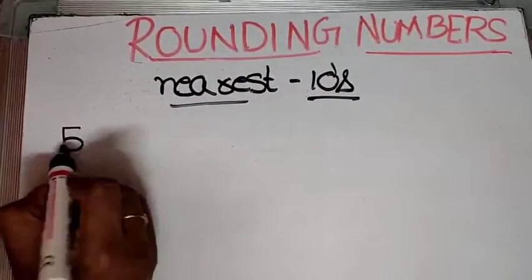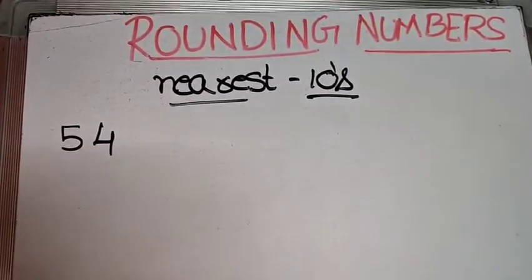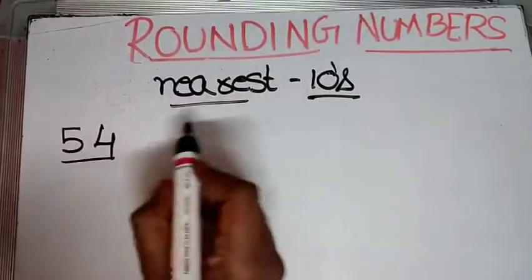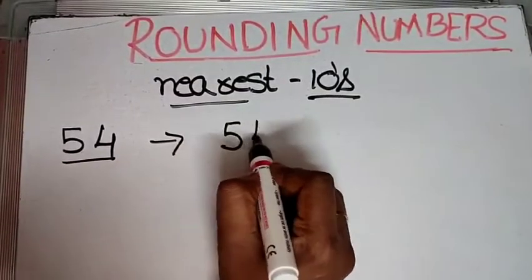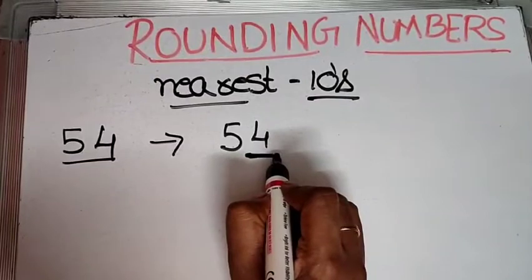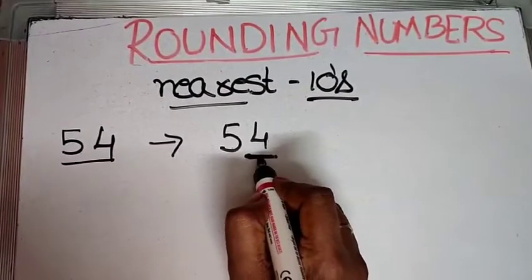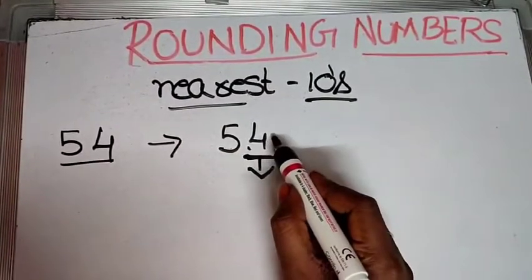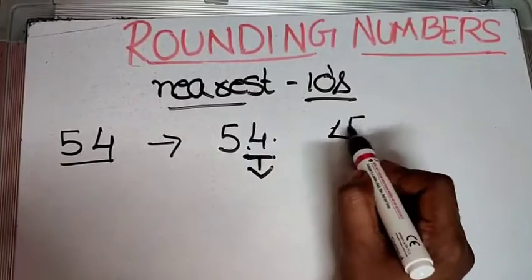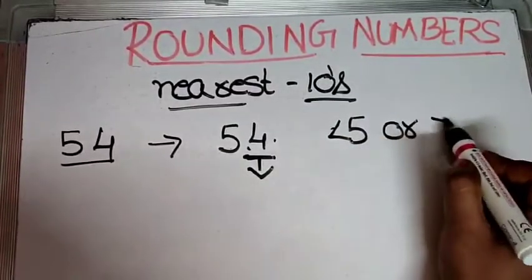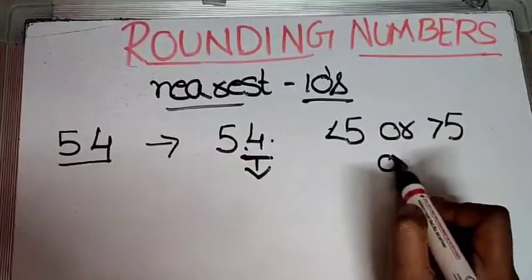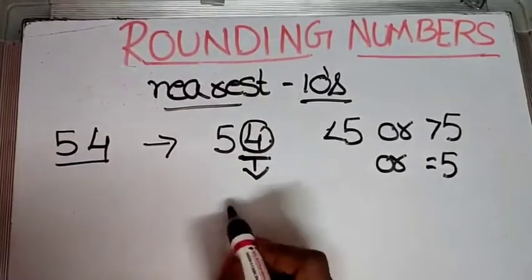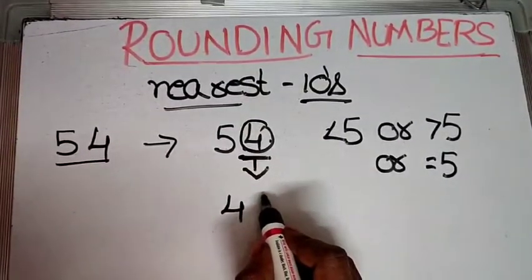Here I am taking a number 54, and the rounding number for 54 to nearest tens. Always you have to check the ones place or units place digit. So here we have digit 4. Let us check whether this digit is less than 5 or greater than 5 or equal to 5. If you check, 4 is less than 5.